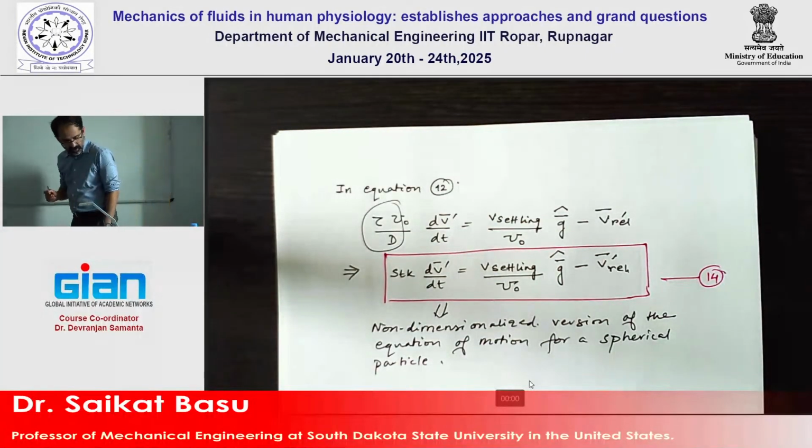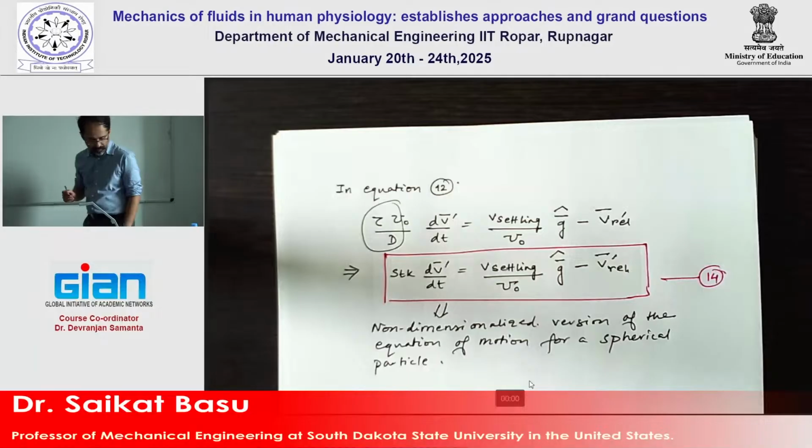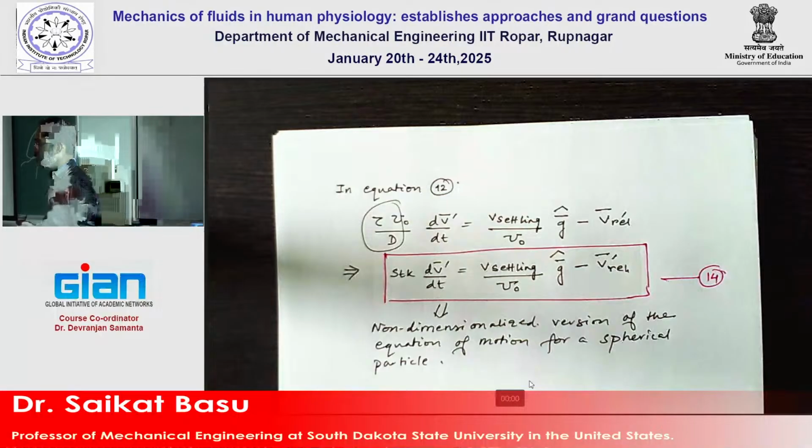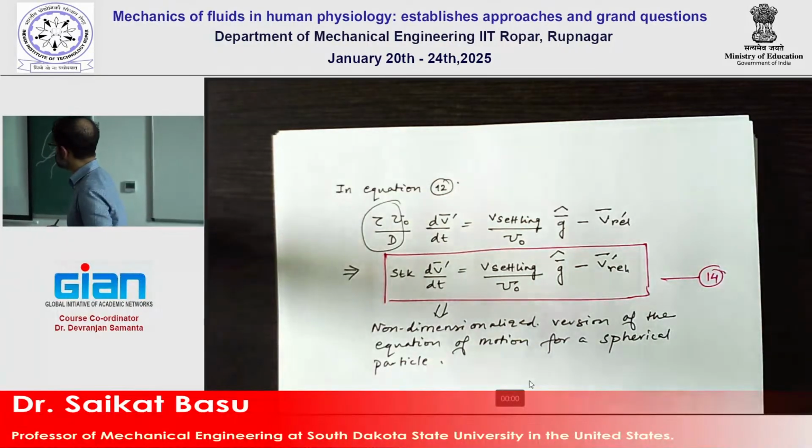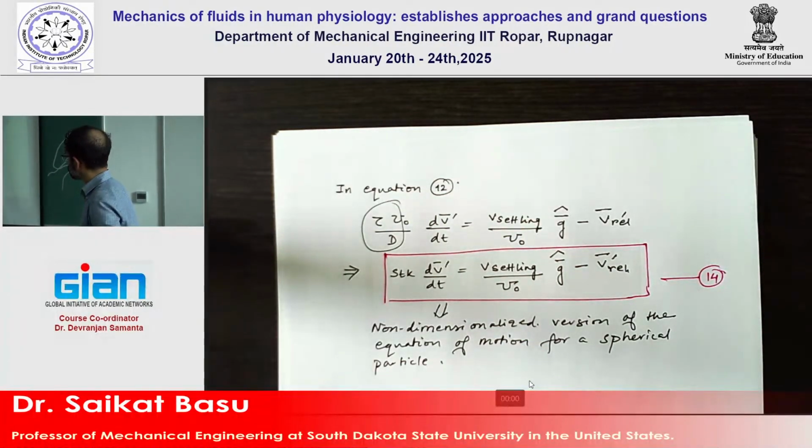Okay, so now that we have this, we can think about the orders of magnitude of each of these terms based on the question that you might try to address.